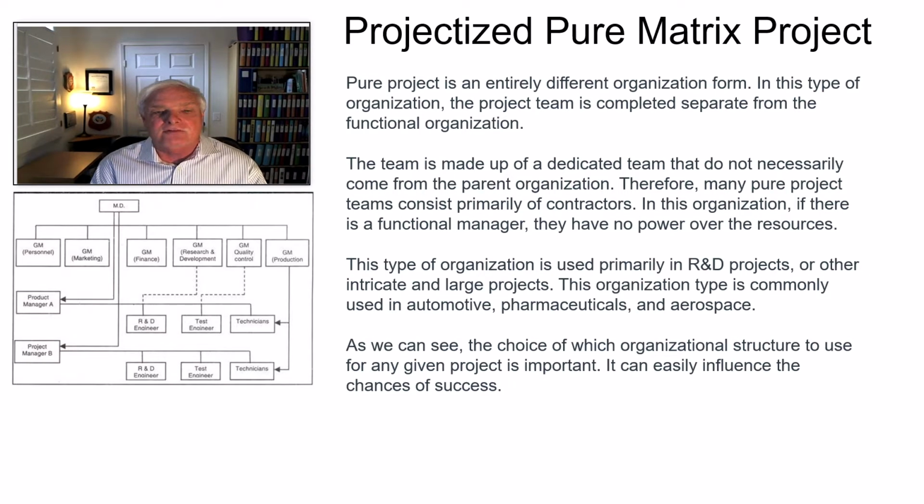Now, that projectized and pure matrix project is an entirely different organizational form. In this type of organization, the project team is completely separated from the functional organization. That means I have an autonomous team functioning, and that autonomous team is independent of those other areas that would provide resources towards them.